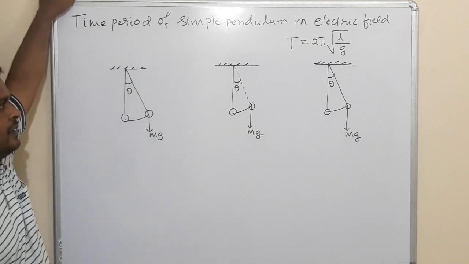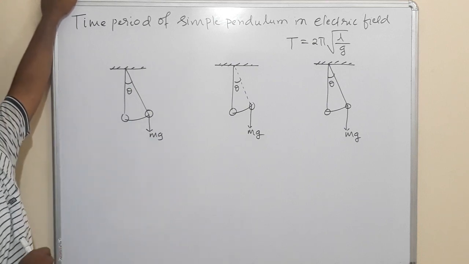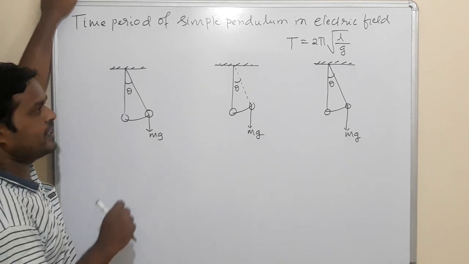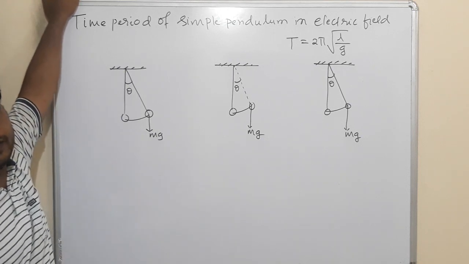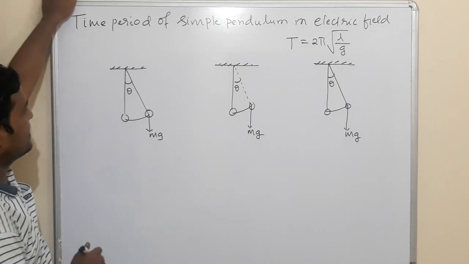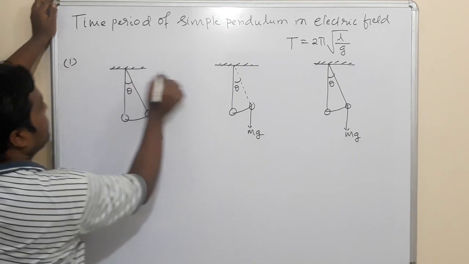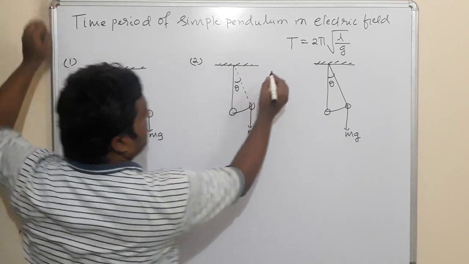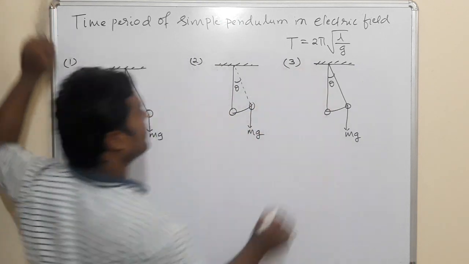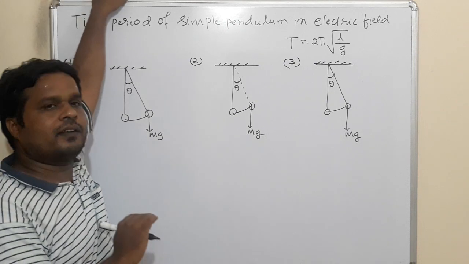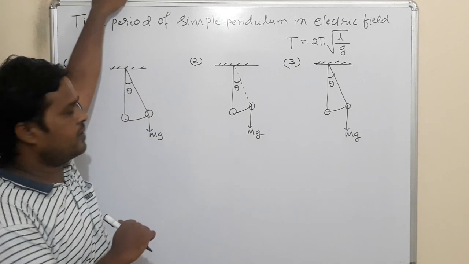Then if we apply electric field, how the time period is going to change, that depends on the direction of electric field applied. Let us say this is 1, this is 2, this is 3. In all the three cases I will apply the electric field in different directions.